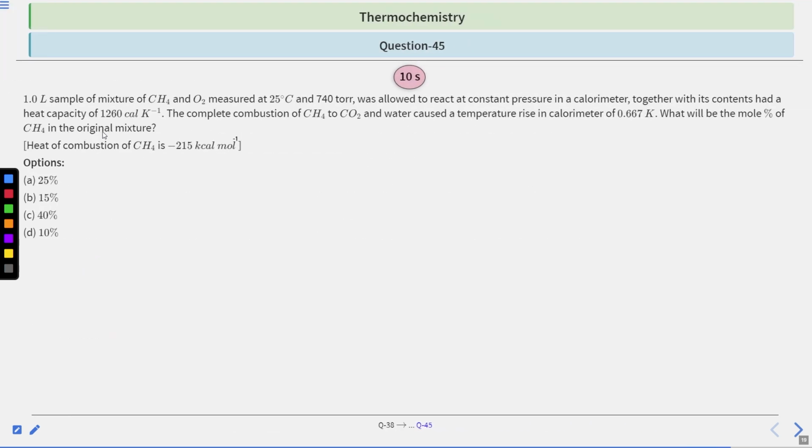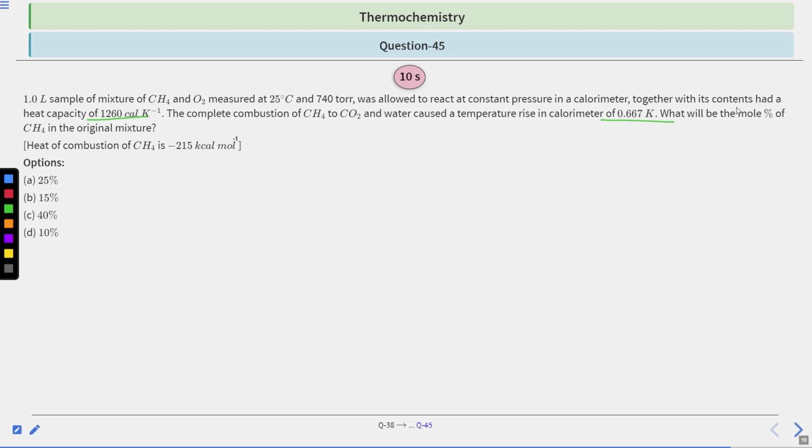Let's move to the next question. Question number 45. A 1 liter sample of a mixture of CH4 and O2 measured at 25 degrees Celsius and 740 torr was allowed to react at constant pressure in a calorimeter, which together with its contents had a heat capacity of 1260 Kelvin inverse. The complete combustion of CH4 to CO2 and water caused a temperature rise in the calorimeter of 0.667 Kelvin.